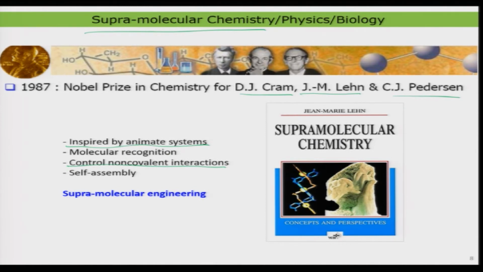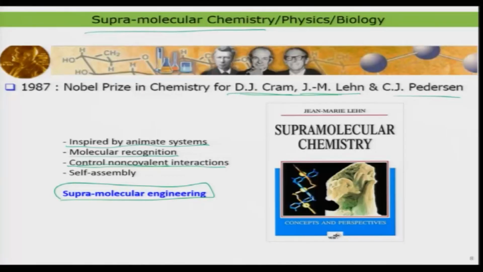So, therefore, it is very important to learn from animate systems and use something known as molecular recognition and selectivity, with which one can control the non-covalent interactions. And once you control the non-covalent interactions, we can do something known as supramolecular engineering, where you take two molecules and make them in such a way that they assemble in the way we want.